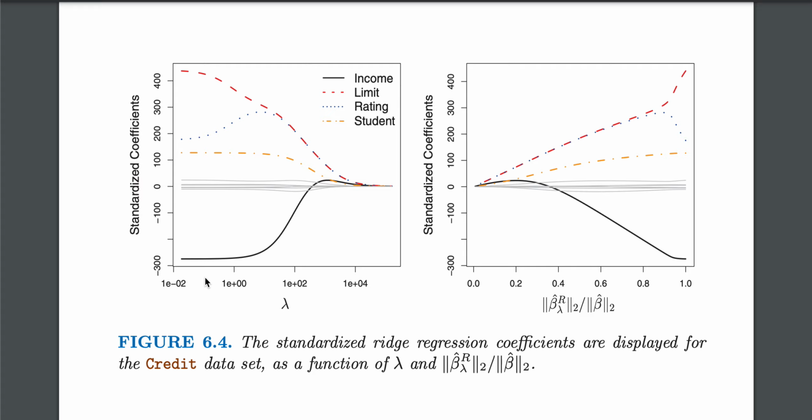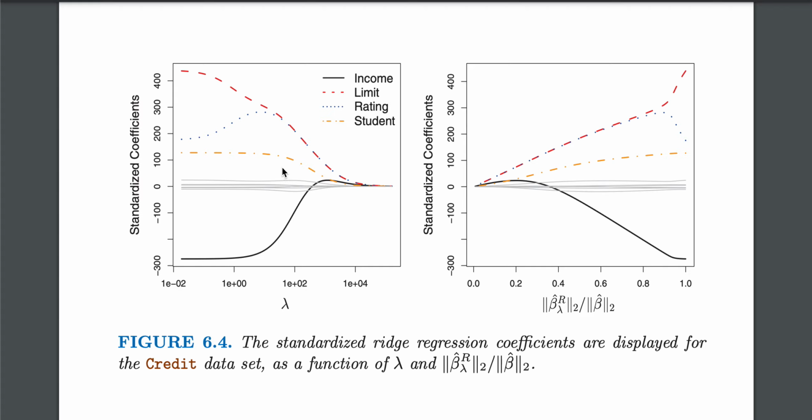And what we see is that as we increase lambda, the ridge coefficient estimates tend to decrease. Now here we have rating, which slightly increases and then decreases. So you may say, why is that increasing? Isn't it supposed to shrink? Yes, it is supposed to shrink.